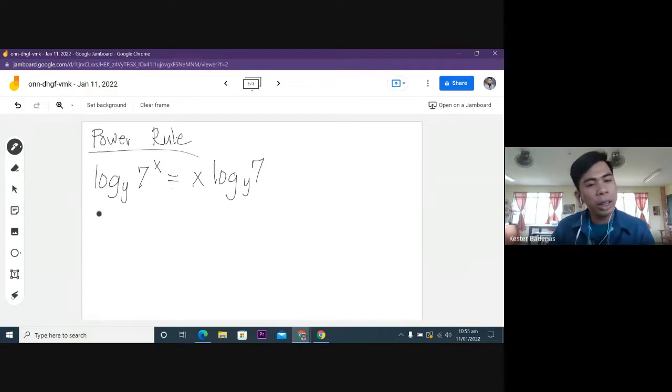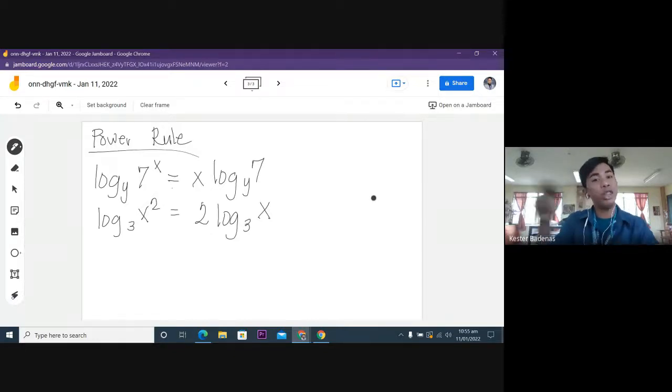Pwede rin kapag logarithm of x squared with a base 3, magiging 2 logarithm of x with the base 3 na lang siya.